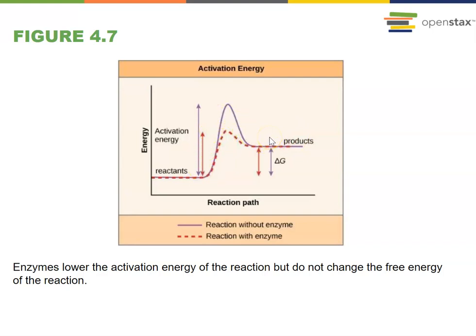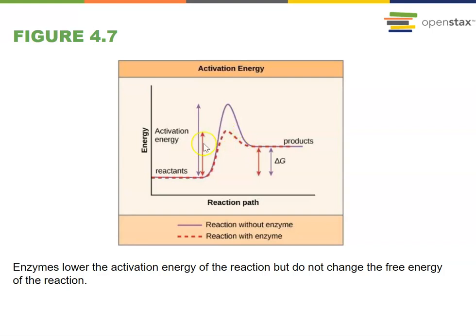Reactants will generally tend to turn into products, but this reaction may take 20 years or something like that to have the exact right conditions to take place. It's very, very slow most of the time if you're going with just this purple line.